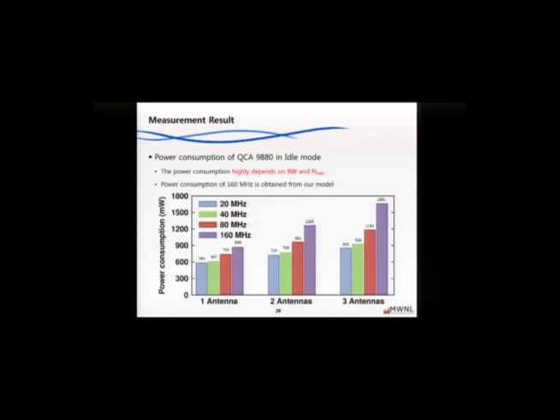What's known is that in many situations, Wi-Fi devices spend a lot of time simply sensing the channel, which is called idling here, and end up consuming a lot of energy just by sensing the channel.